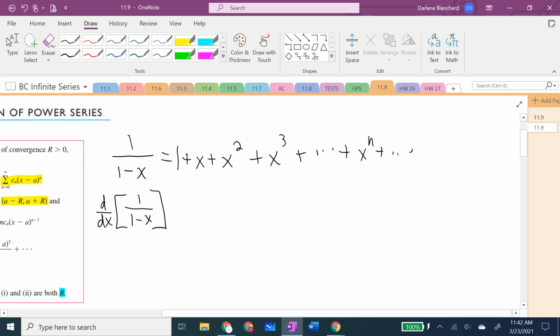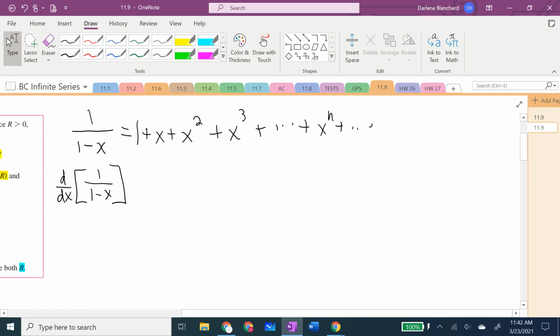All right. So you've had time to take this derivative. Here we go. You know that this is to the negative 1 power. So we end up getting negative blah to the negative 2. And then the chain rule says plug in the function and multiply by its derivative, which is negative 1.